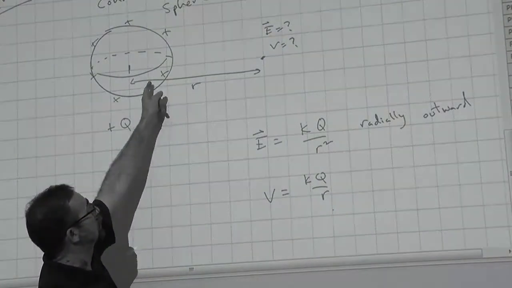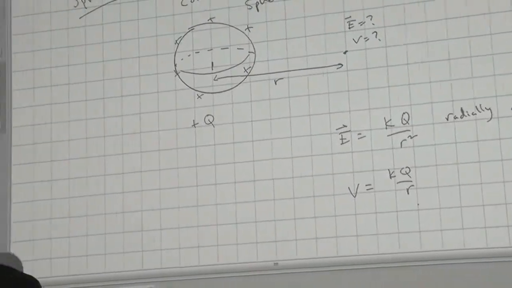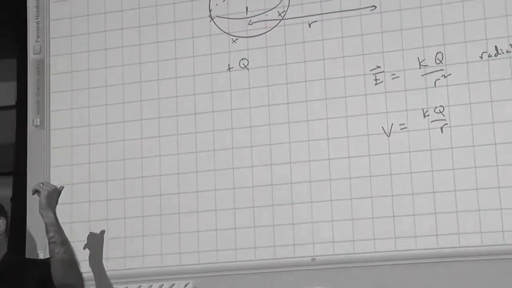Oh, outside of this charge distribution. So I'm going to figure out what the electric potential is on the surface of my conductive sphere. As I get closer and closer to that conductive sphere, r gets smaller and smaller. My electric potential gets bigger and bigger because it's a positive charge.